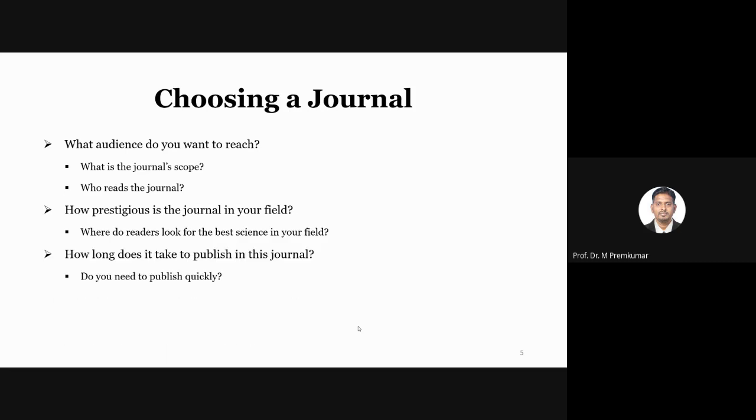And how long does it take to publish in this journal? This is a very important criterion when you select the journal. Some of the quality journals may take 1 year. Some journals take more than 2 years to publish quality papers. When you submit papers to that kind of journal, there may be a chance of acceptance.